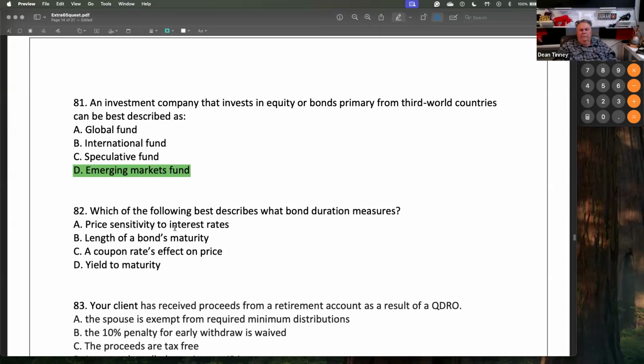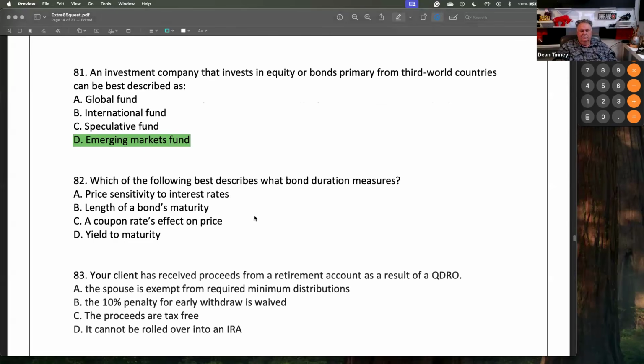Okay, D. Which one best describes bond duration? That's very much a test question. Is it price sensitivity to interest rates?